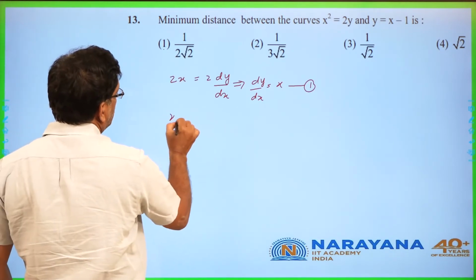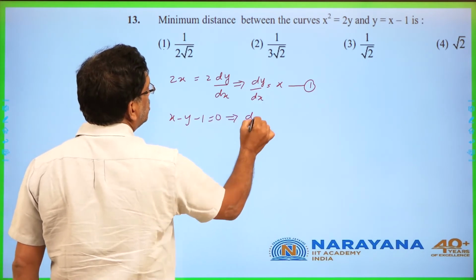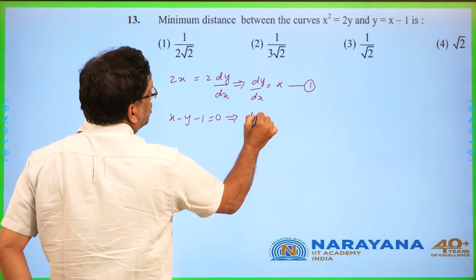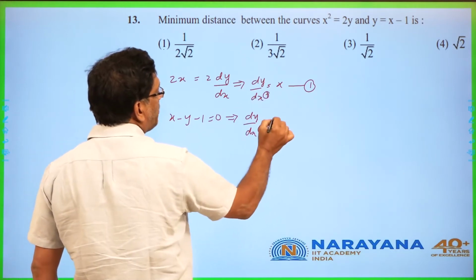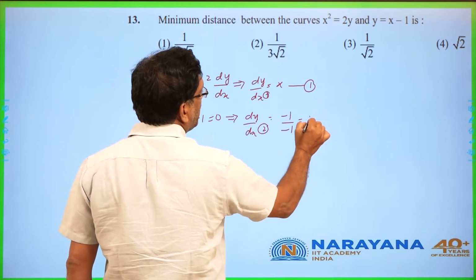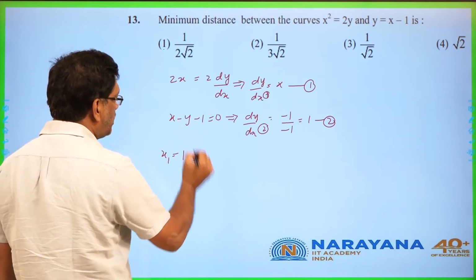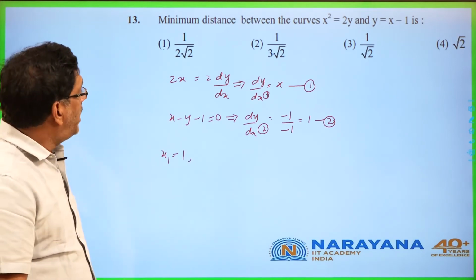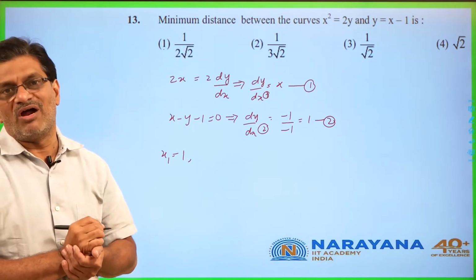The line is x minus y minus 1 equal to 0. So dy by dx of the line is, we know, minus a by b. This is the second one. Equate both. Your x1 is 1, you mean it is a point on the parabola we have taken.